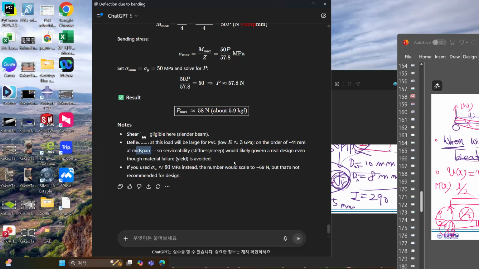See, when we apply the load here, and if you apply 5.8 kilo, then it deflects about 11 millimeter, which is a lot, by the way. Then it fails. So again, we pay attention to the stress, but the deflection is also very important because the deflection and the stress are linked together.